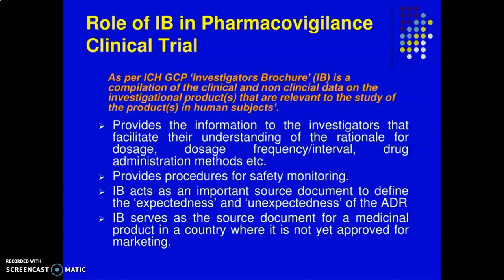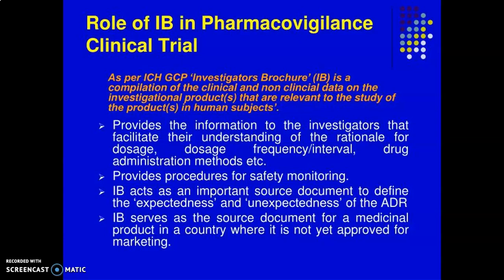Next, in safety monitoring, there is the IB, called the investigator brochure, because a new drug is under screening now. No one will have complete information, even the physician, related to the dose or method of administration, frequency, and what interval should be used. With the help of this investigator brochure, they will get complete information related to the drug.